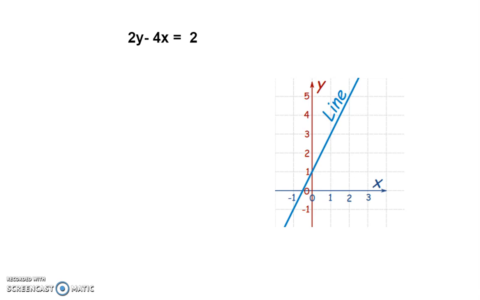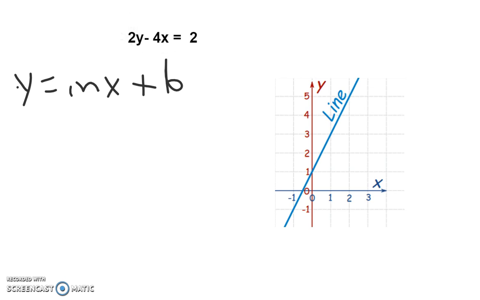Last one we want to look at, you can see the graphs there off to the right. When we look at something like this, we've got our x and our y on the same side of the equal sign. We know generally when we're talking about graphs of linear equations, we want to get it into the form of y equals mx plus b, which means we want to solve for this y and get this y alone.